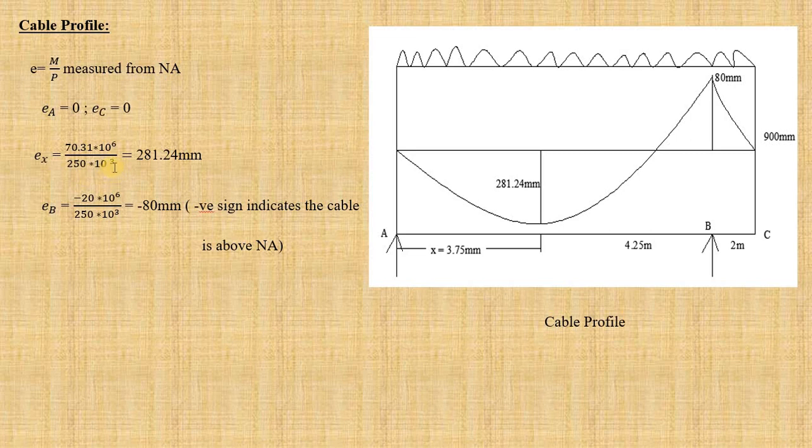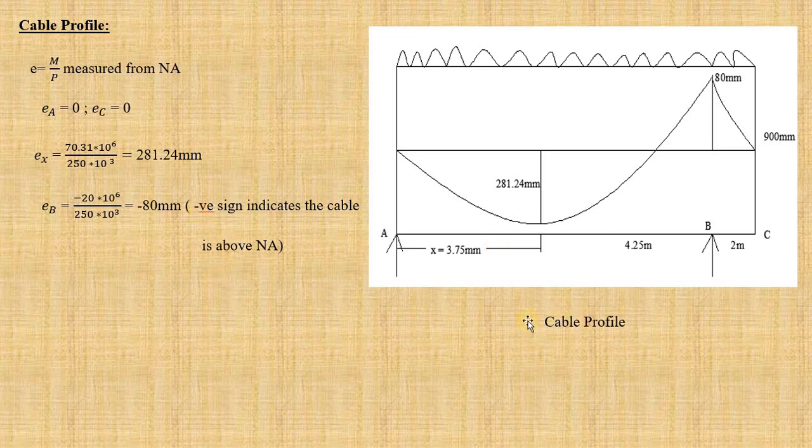So convert that kilonewton into Newton, 250 into 10 power 3. We will get 281.24 mm as EX, the eccentricity at X. Then the eccentricity at B: take the MB value and P value, we will get minus 80 mm.